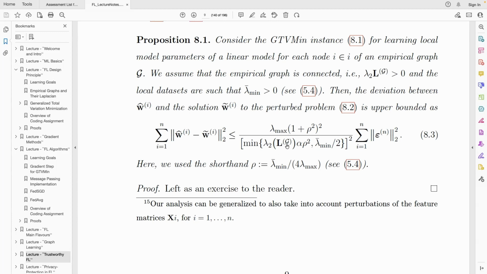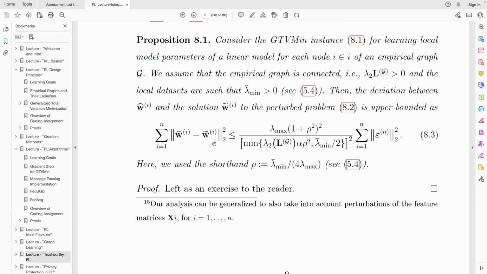So again we have the impact from the empirical graph, lambda 2. We would like to have this deviation small. We want a very robust federated learning system that doesn't go crazy when we add a bit of perturbation, so it doesn't change the learned parameters too much.